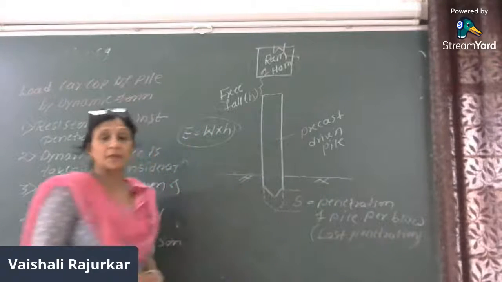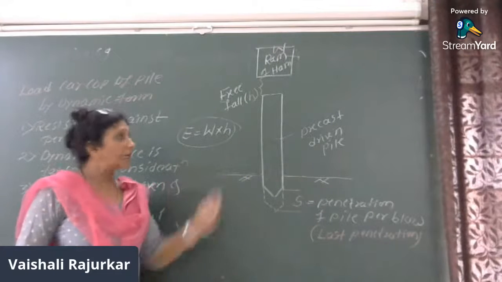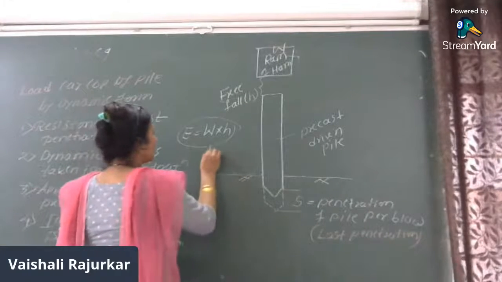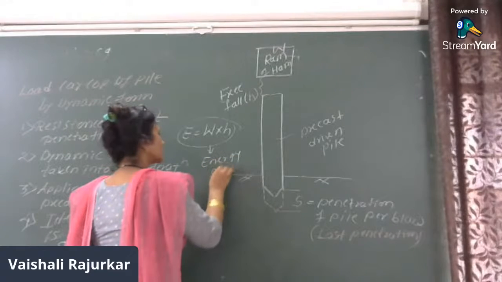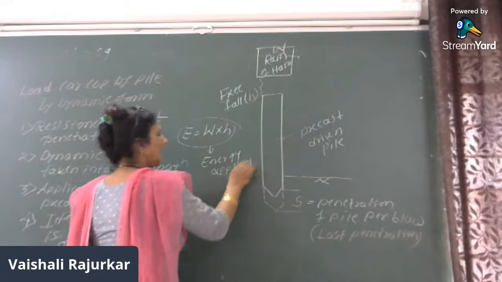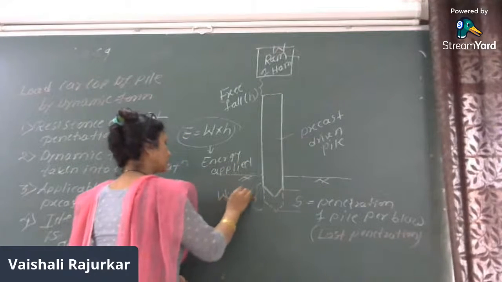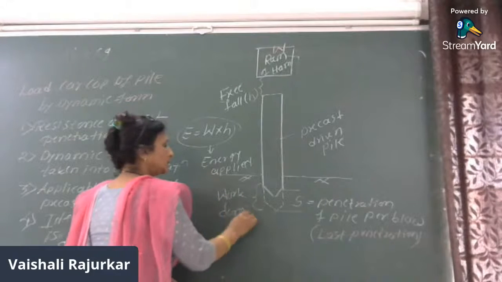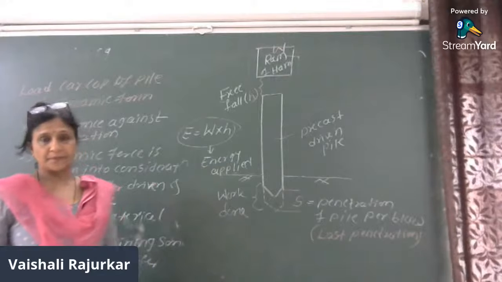Now tell me, in this case, what is the work done and what is the energy applied? This is the energy applied, and this is the work done. This work done is in the form of penetration of the pile.